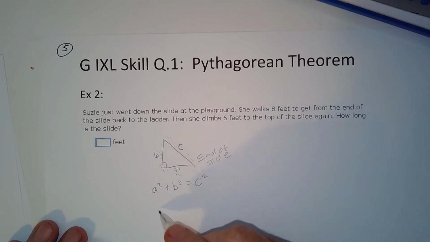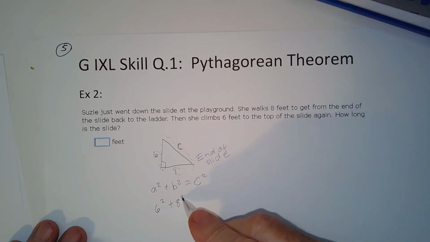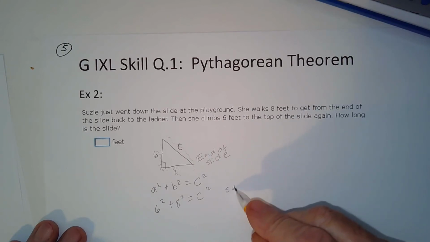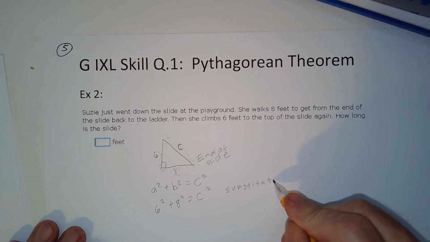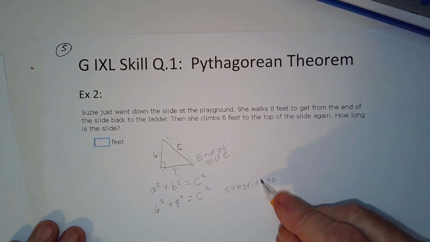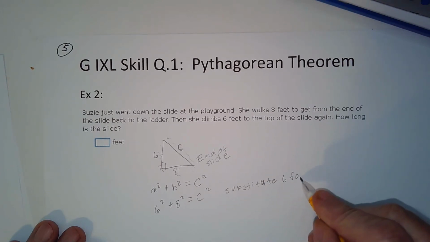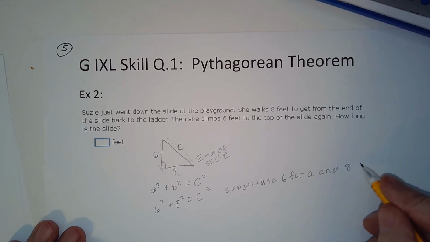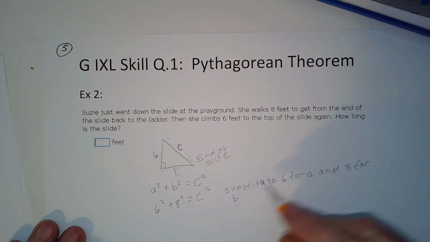So I'm going to start out with 6 squared. So a is going to be 6 squared, plus b is going to be 8, so that's 8 squared, and that equals c squared. So substitute 6 for a and 8 for b, and then solve for c.